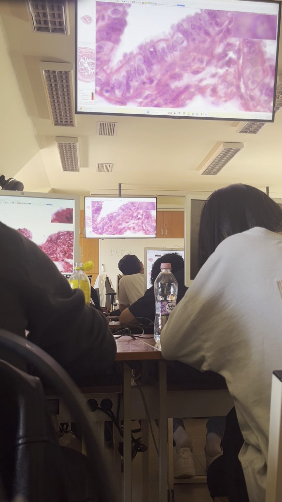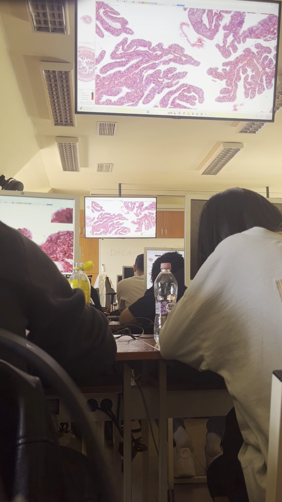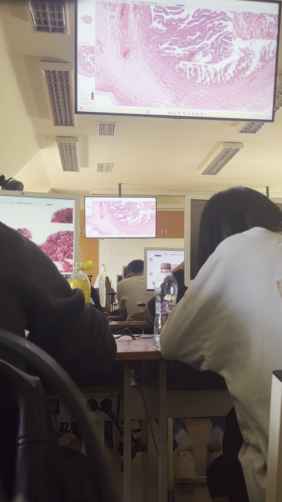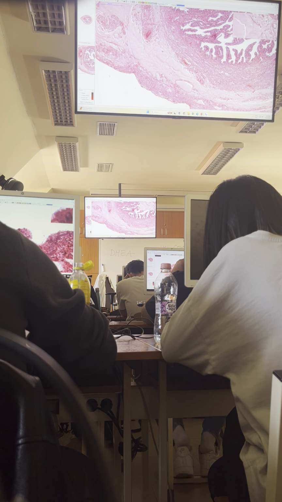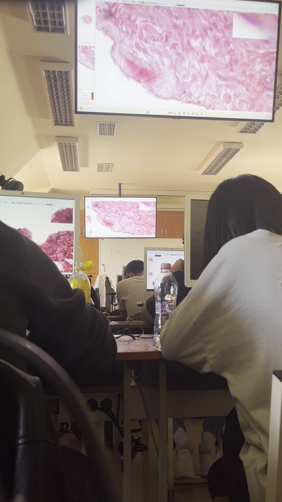So these cells are hormone sensitive. Yeah. Layers are the same, of course. So underneath we have lamina propria, then we have external muscle layer, and the outermost is subserosa and serosa.